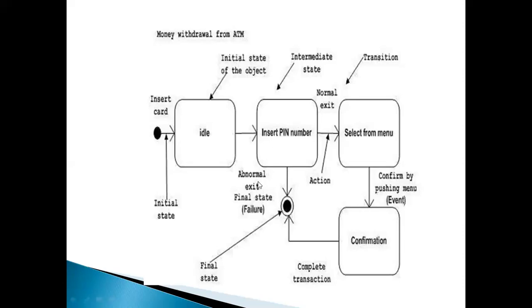Then if you enter the correct pin number, the next is what? Select from menu. Okay, after selecting from menu, then confirmation. Then after confirmation, complete transaction. Then it reaches the final state. This is the money withdrawal from ATM state machine diagram.